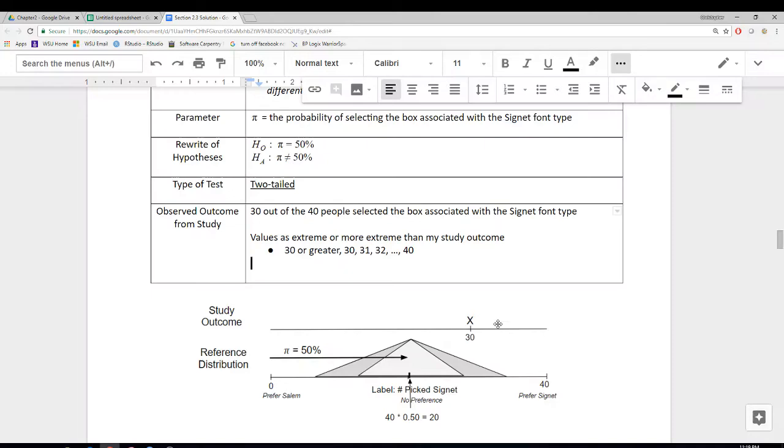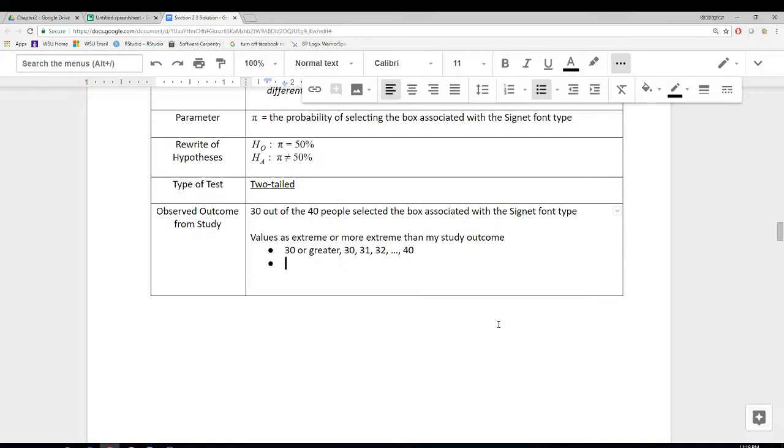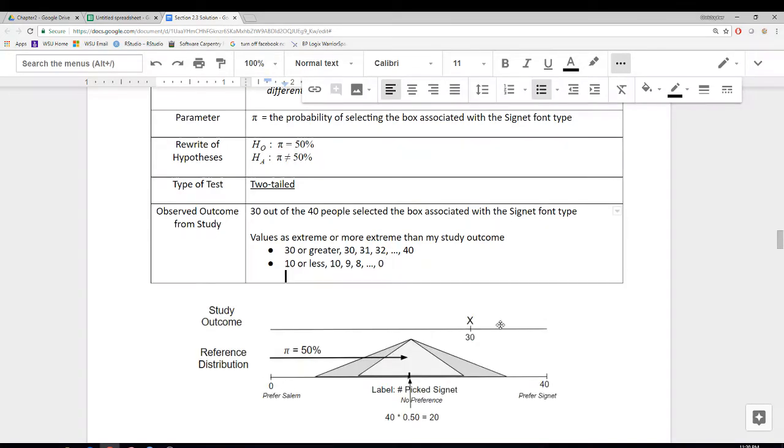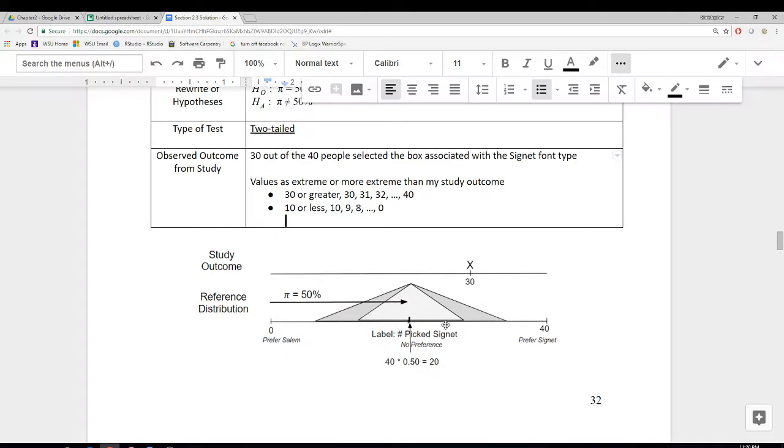And then I need values as extreme or more extreme on the lower end as well, which is going to be 10 or less. So I need 10, 9, 8, all the way down to 0 on the lower end. Let's look at that for a minute. The expected here is at 20, right in the middle of my number line.